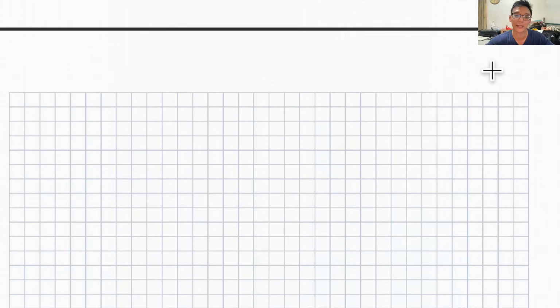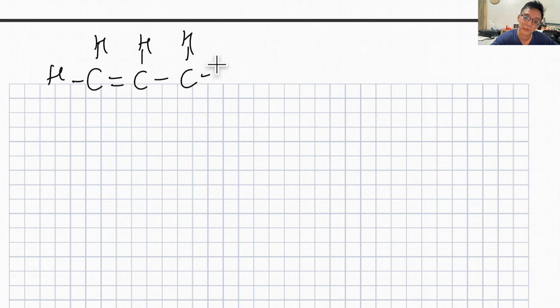Okay, so specifically I will do it here. Let's say that you have propene, something like this, and then you add Cl2 or let's say Br2. Because it contains a double bond, it's quite reactive. So Br2 does not need to rely on UV light in order to break the Br-Br bond.